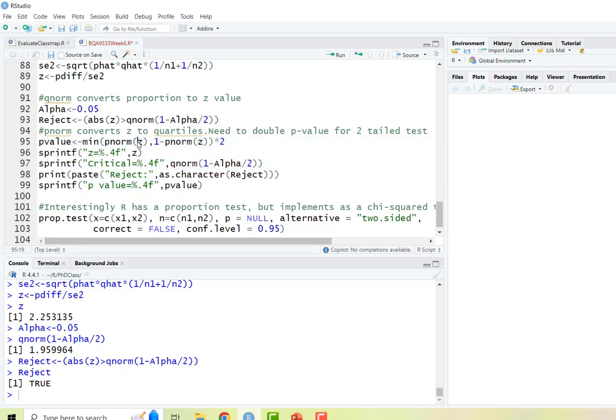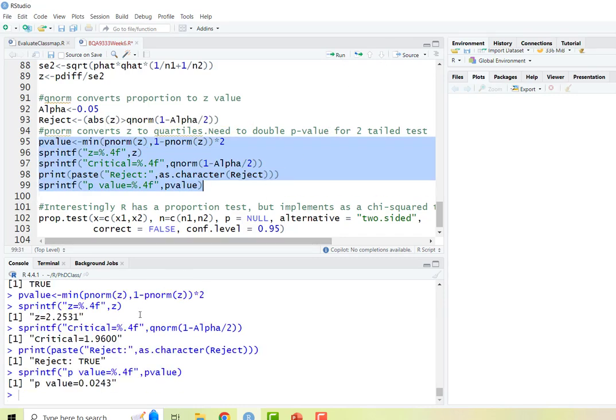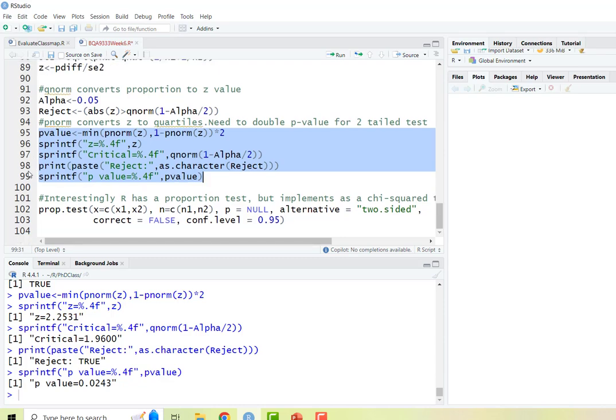If we're to the left, we use pnorm of z. If we're to the right, we use 1 minus pnorm of z, as R is always going left to right. So we use the smallest value and multiply it by 2. So here we go: z equals 2.25, critical 1.96, reject equals true. And the p-value is 0.02, which is significantly less than 0.05.